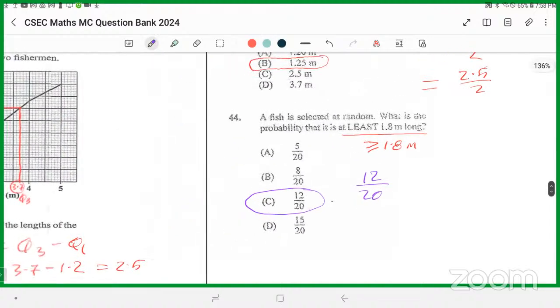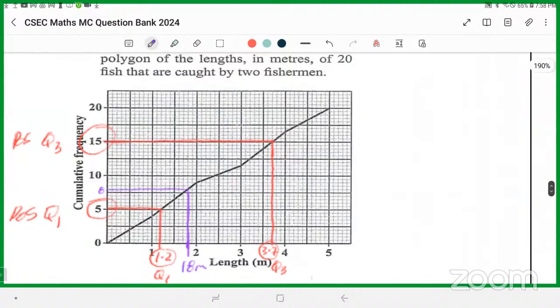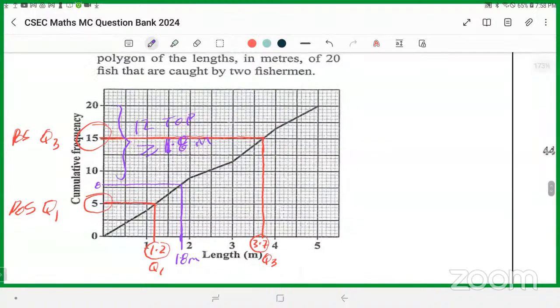So the ones that are more, these 12 at the top, are greater than or equal to 1.8 meters long. 12 at the top. That is the answer.